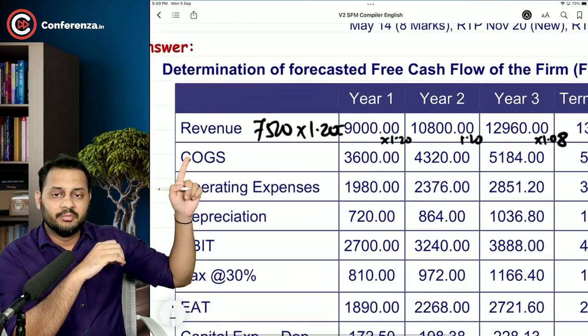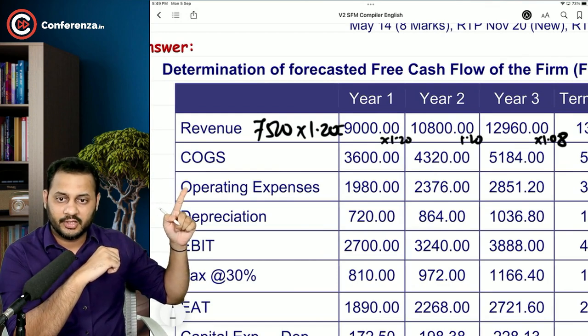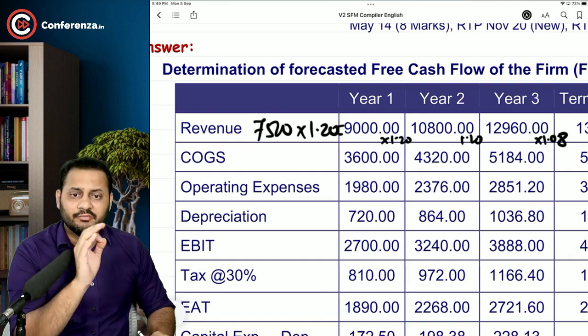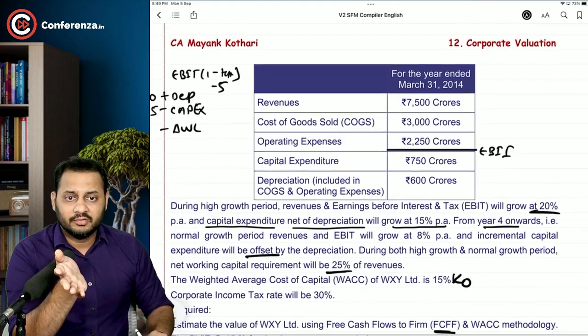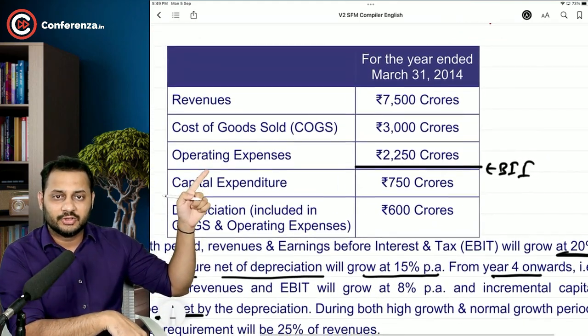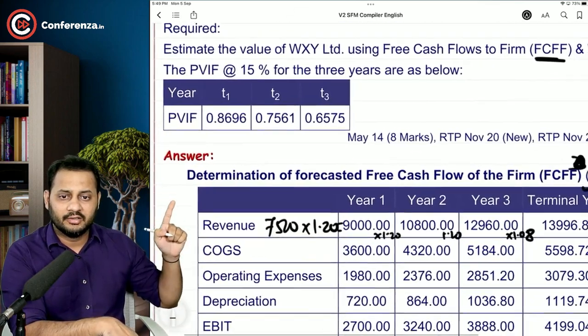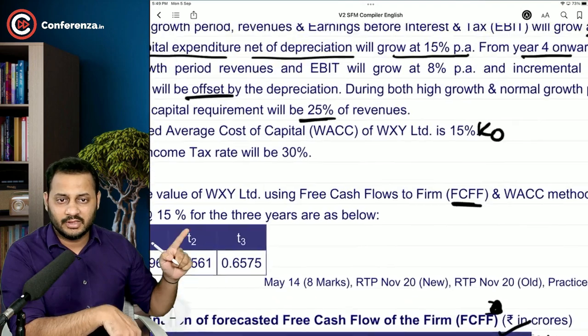You will increase the cost of goods sold and operating expenses. Okay, cost of goods sold and operating expenses. What the institute has done, which was not at all required, is that you can clearly see the operating expenses here is 2250 and the operating expenses here is only 1980. How is this possible? I will tell you.